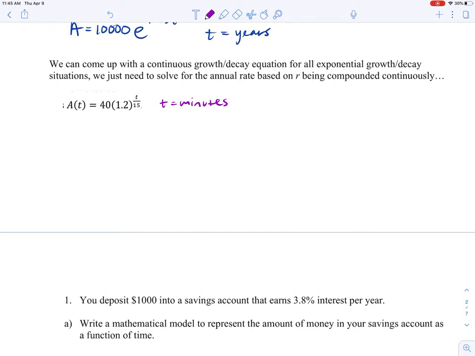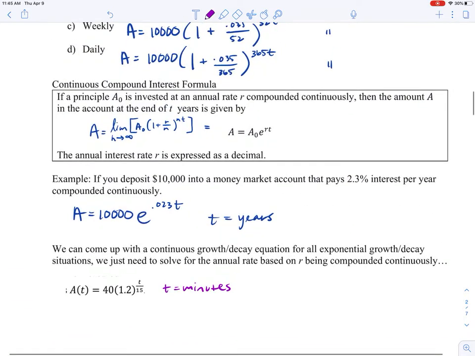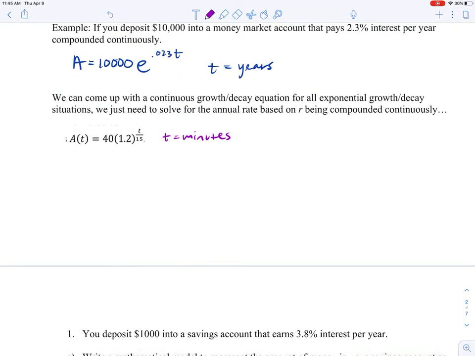Okay, so we could actually come up with a different equation that has base e, so that's in this form, but we would need to solve for what the rate would be for continuous growth, right? This is talking about population growth. So what we could do is let's find the population after 15 minutes have passed.